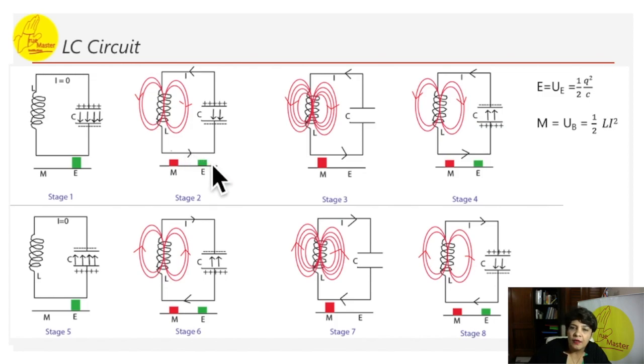See, this was the electrical field. Some of the energy has now been stored as magnetic energy. And how much is the magnetic energy? What's the formula? Magnetic energy UB equals half L I square for an inductor, where L is the coefficient of inductance and I is the current.